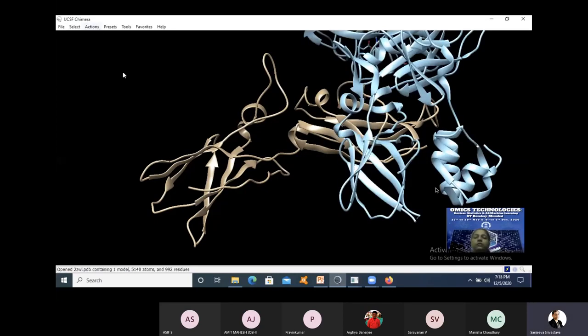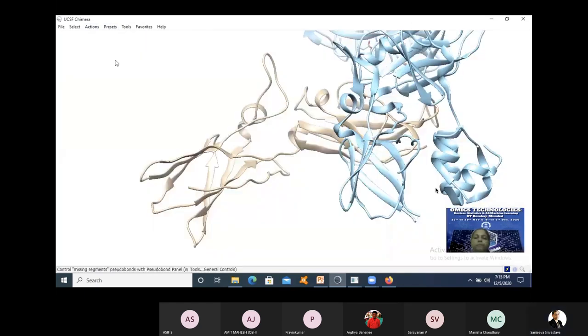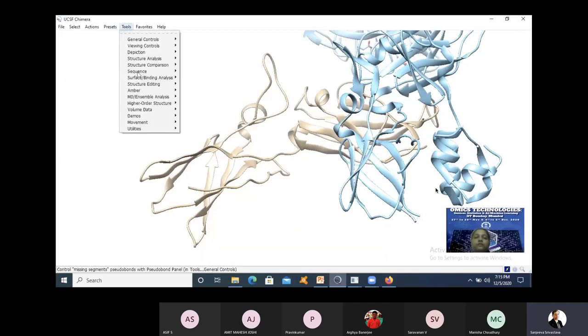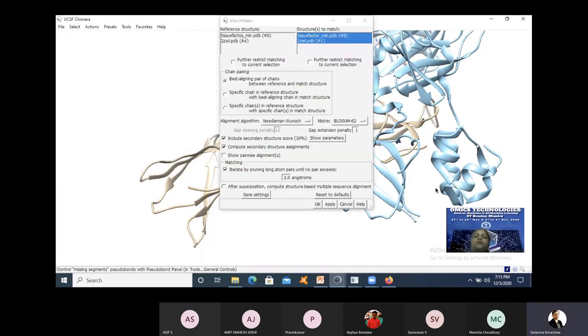So if I just make the background white again, then I will go to tools. I'll just go to structure comparison, go to matchmaker. Then I can select one protein on the left hand side as the reference structure, the other protein as the structure to match. So I'm selecting the only tissue factor protein, and then the complex protein, and then I say apply.